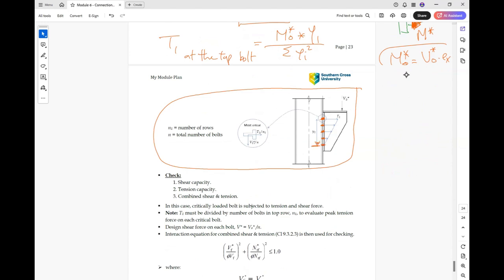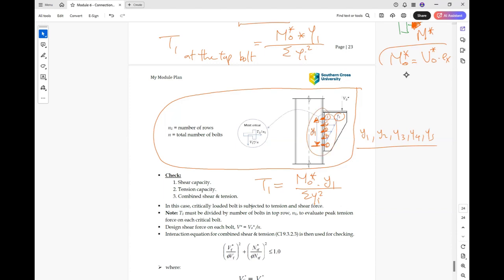Y1 starts from the bottom bolt to the top bolt here. So this is Y1, and T1 is the maximum force. T1 will be M star O times Y1 divided by the summation of Yi squared. So with these 5 bolts, we have Y1, Y2, Y3, Y4, and Y5.